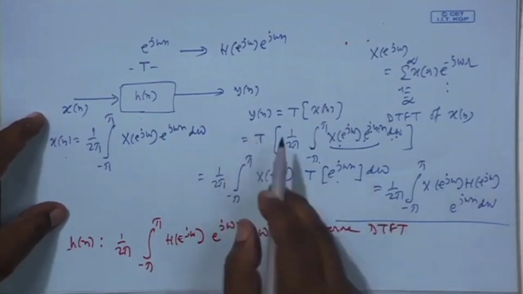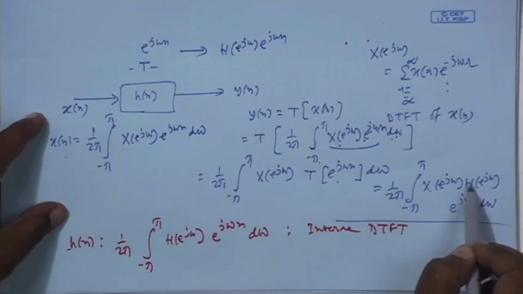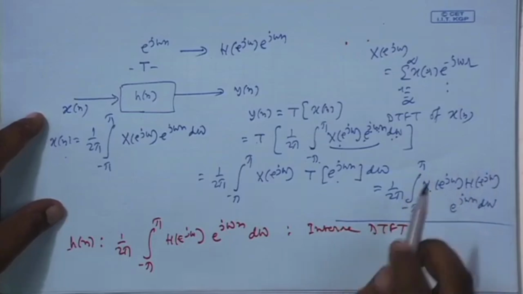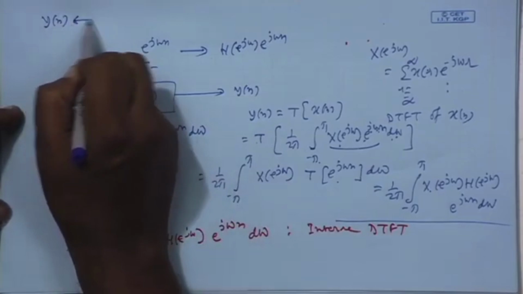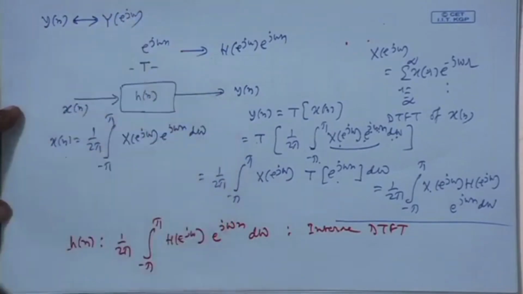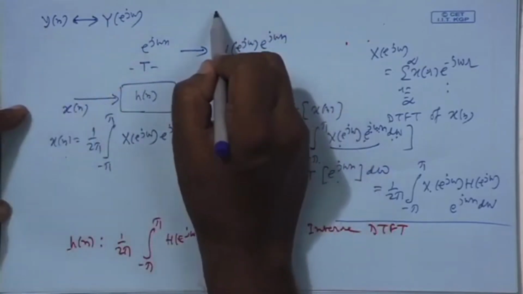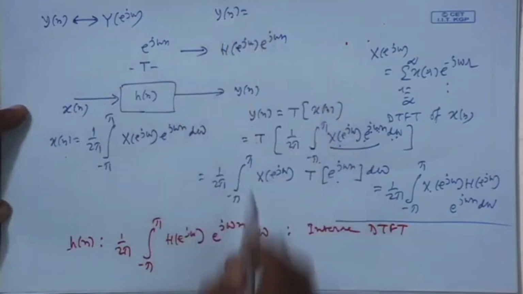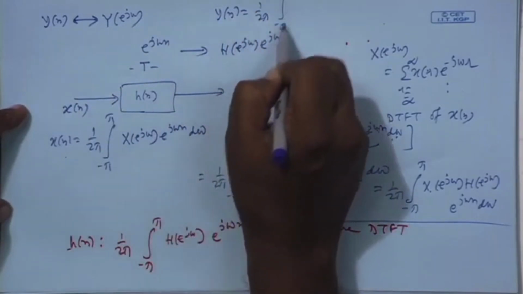So, output you can directly obtain by multiplying the two DTFTs and then carrying out the inverse DTFT of this product. You can also see y[n], if it has its own DTFT, then I know what is Y, but y[n] can be represented by again a similar formula like this, 1 by 2 pi integral from minus pi to pi.